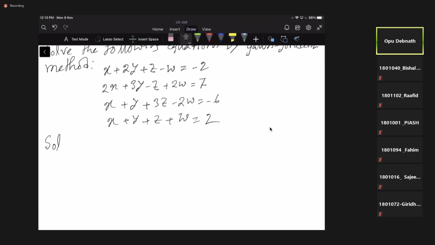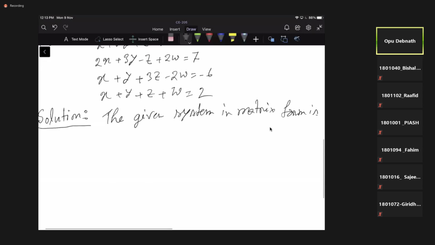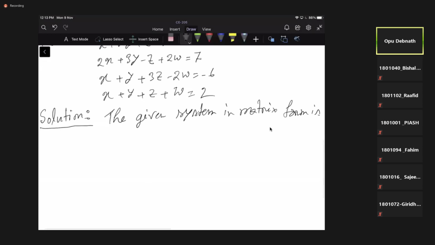So let's start the solution. Represent it in matrix form.